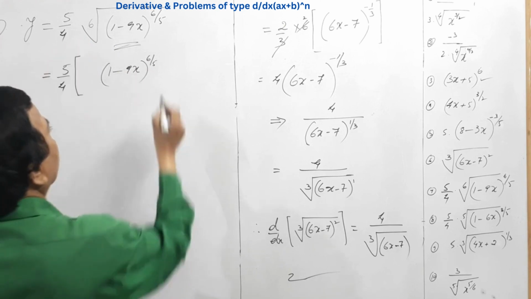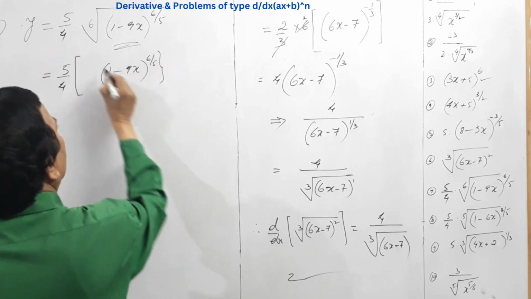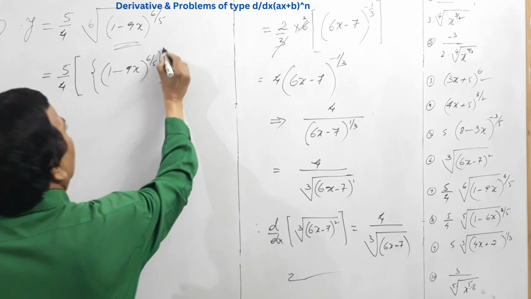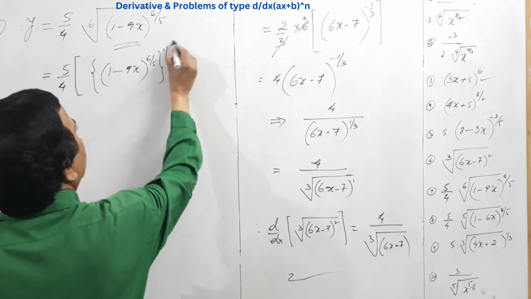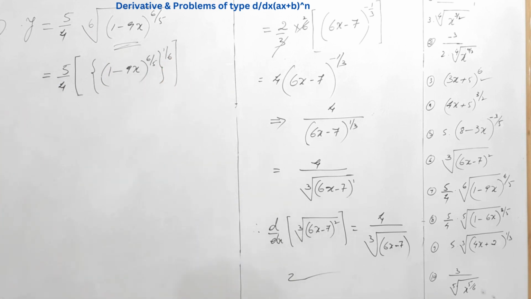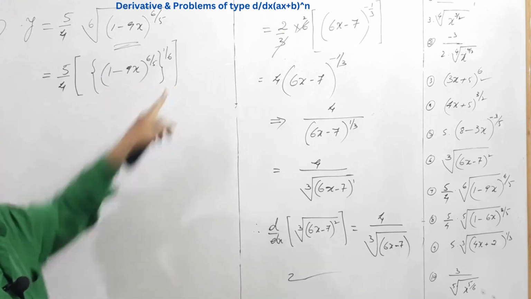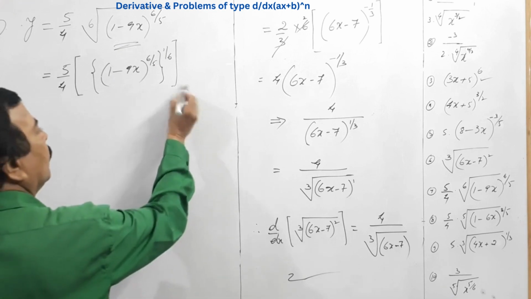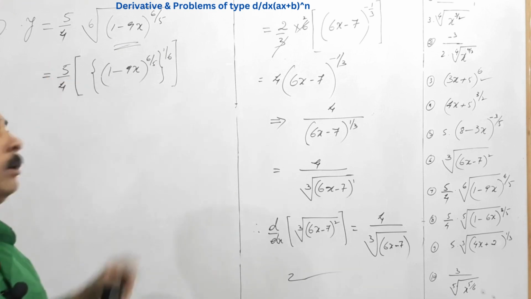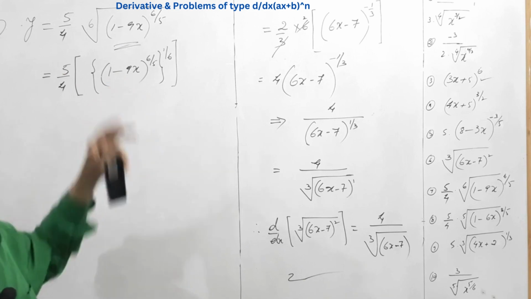We have 6th root. So what I'll do is whole to the power of 6th root. So what has happened here? We have 3 brackets, common bracket, flower bracket and a square bracket. About this I'll teach you later on. We have BODMAS. According to that we have to solve.